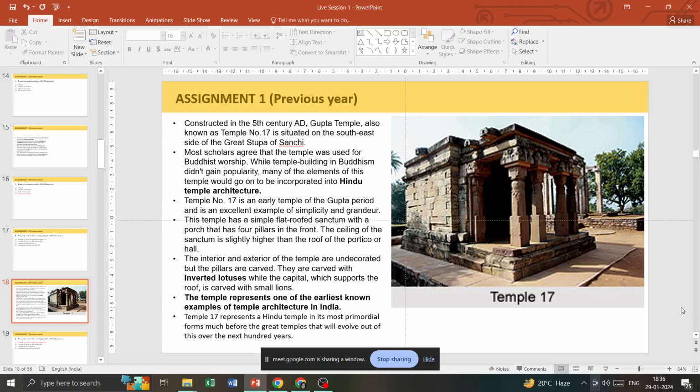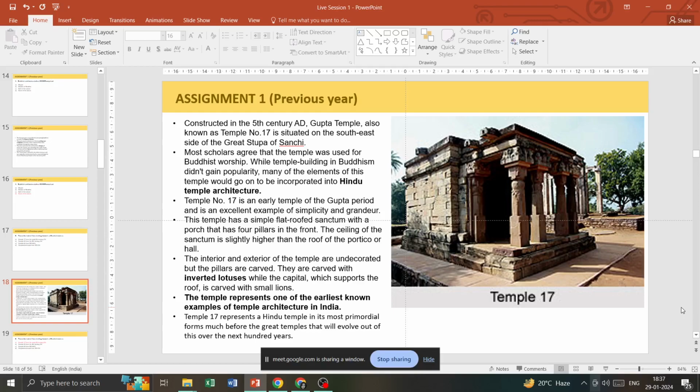Mostly this was built for Buddhist worship, but this style of temple making didn't continue in Buddhism. It didn't gain popularity in Buddhism. However, it gained popularity in Hindu temple architecture.